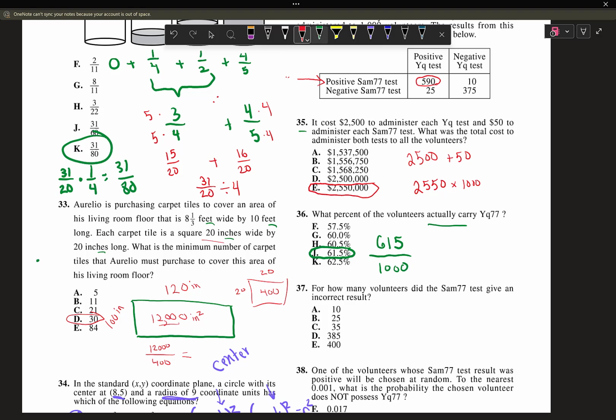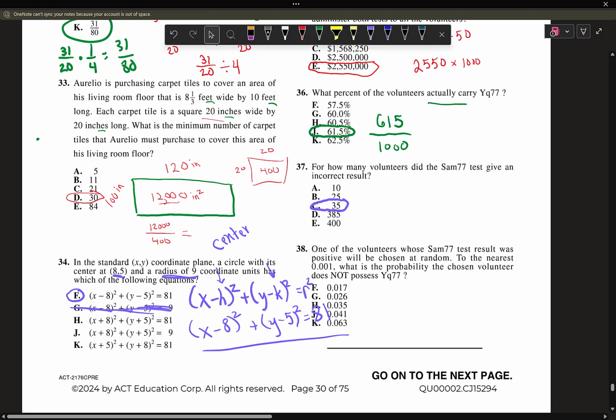This 10, though, is where they differ, because these 10 tested positive for the SAM-77 test, but tested negative for the YQ test. So 10 so far. Then we look in the second row, negative SAM-77 test. We've got 25 more. They tested negative for SAM-77, but tested positive for the YQ test. So 25 plus 10 gives us 35 volunteers for whom the SAM-77 test did not give a correct result.